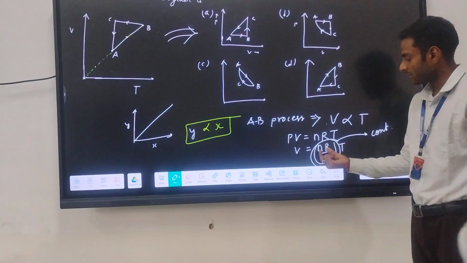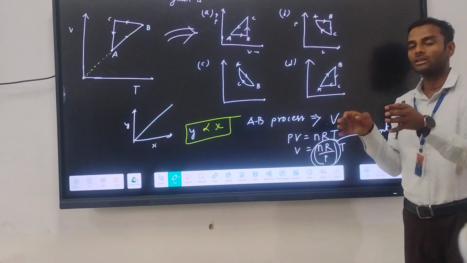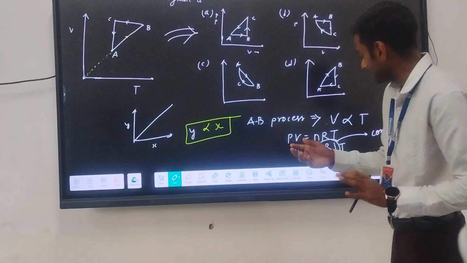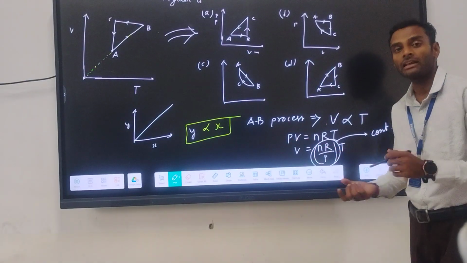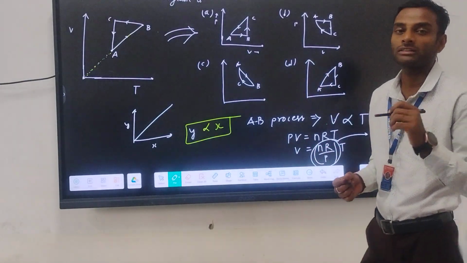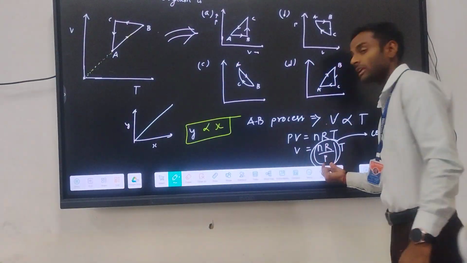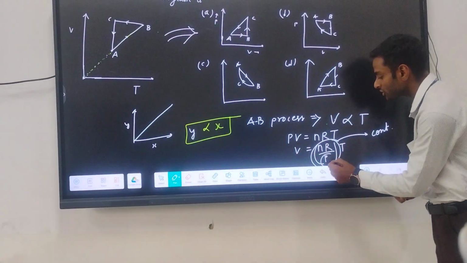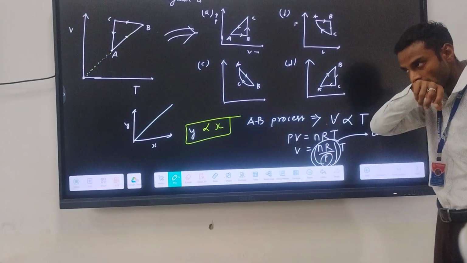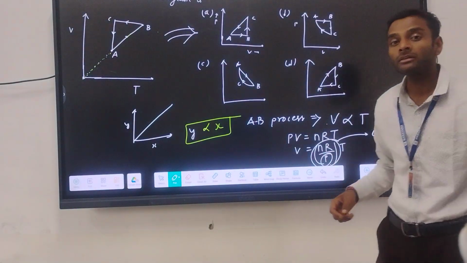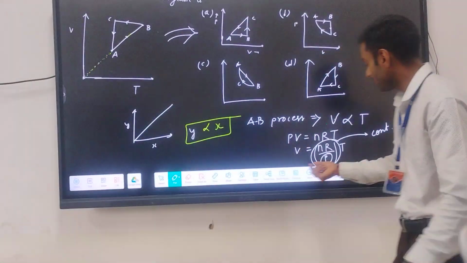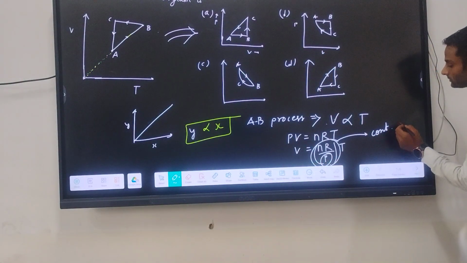If this is constant, that means the number of moles in a confined system is constant. Then R, the universal gas constant, whose value is 8.31 joule per mole Kelvin, is fixed. Then pressure should also be fixed or constant.